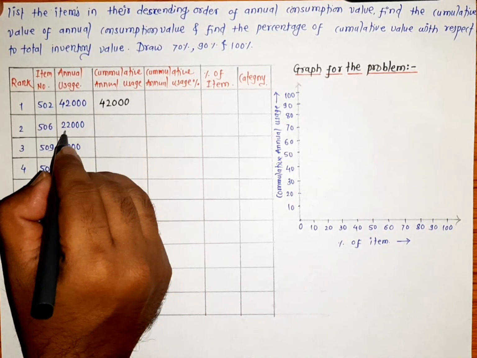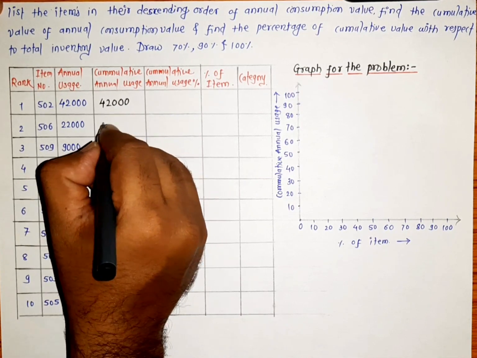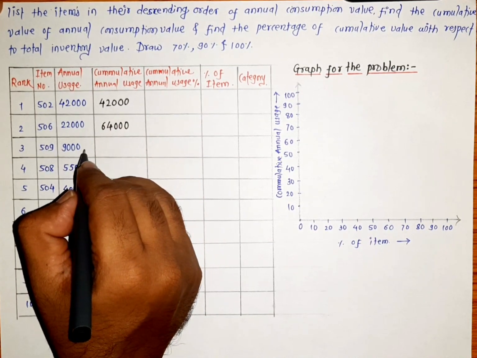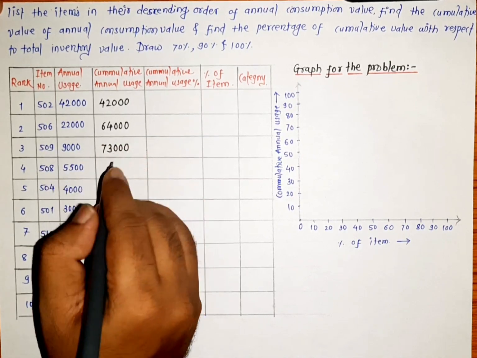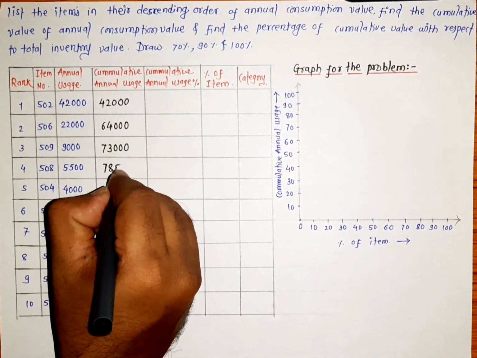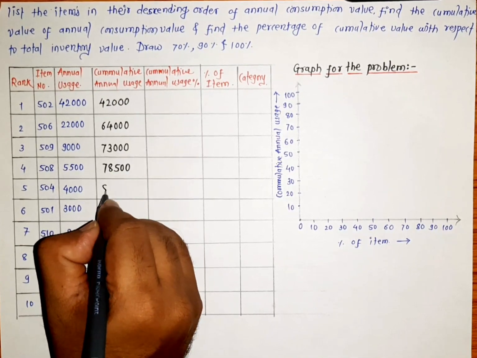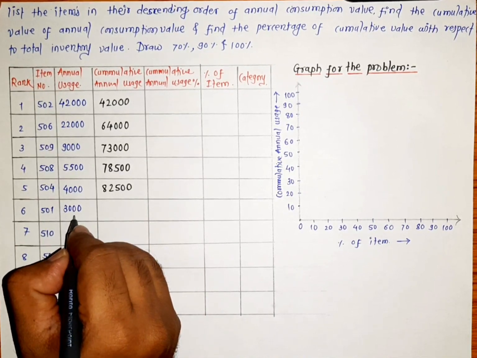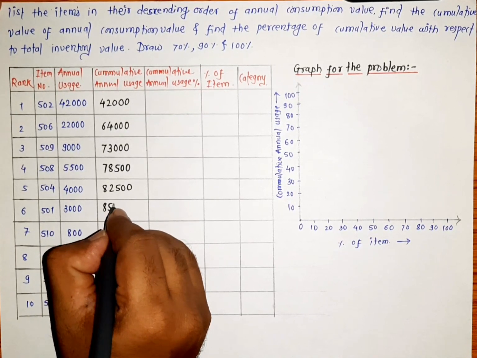Just add this 42,000 plus 22,000, it will be 64,000. 64,000 plus 9,000, it will be 73,000. 73,000 plus 5,500, it will be 78,500. 78,500 plus 4,000, it will be 82,500. 82,500 plus 3,000, it will be 85,500.